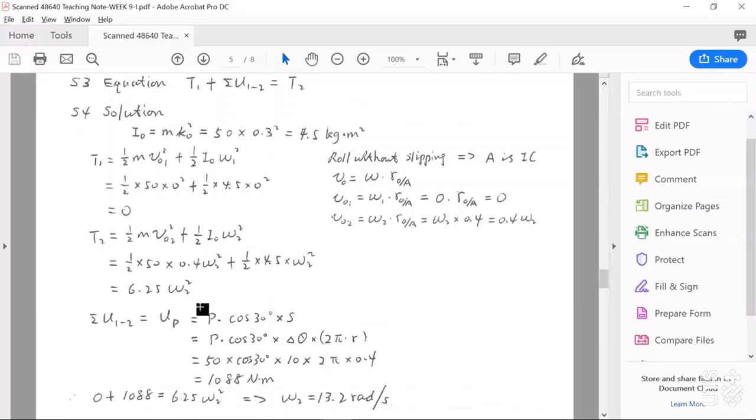P is a constant, so we use this equation.